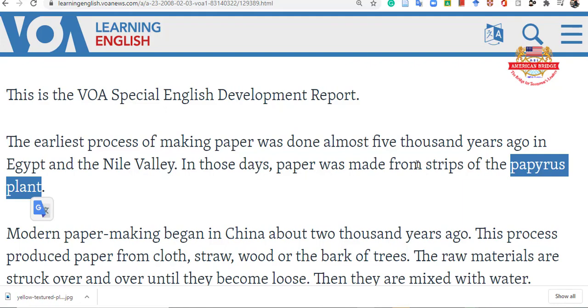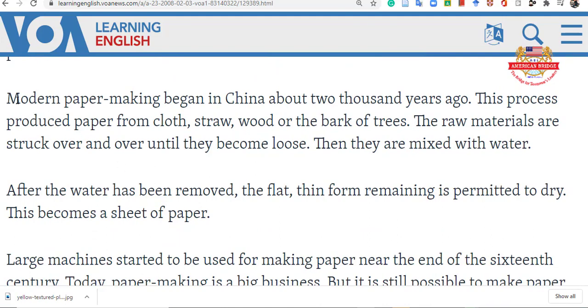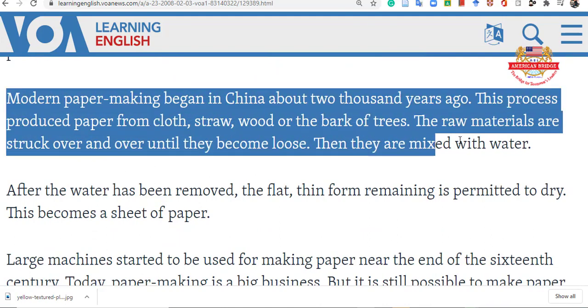You have to remember the first one: they mentioned 5,000 years ago, Egypt and the Nile Valley. They used strips of the papyrus plant in order to make paper. So what about the modern one?